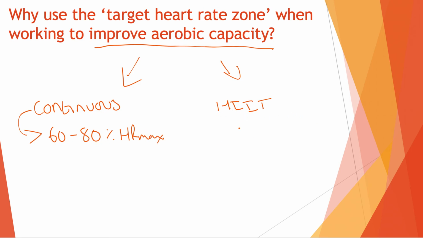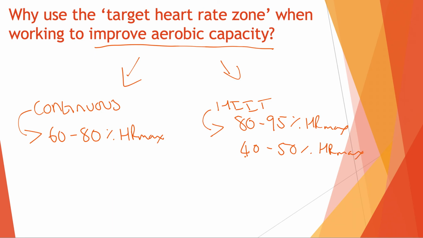Whereas high intensity interval training, we would be wanting to work between 80 and 95% of our heart rate max during the work, and between 40 and 50% of our heart rate max during the rest. Now, does this fit with the target heart rate zone? Yes, it does. Does any of this fit with the target heart rate zone? No, it doesn't.